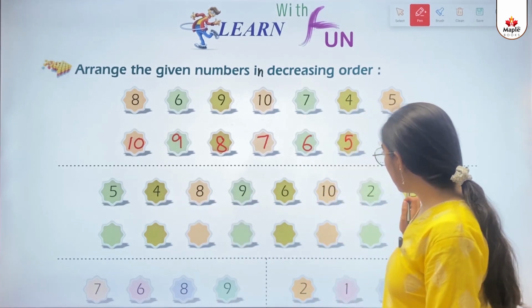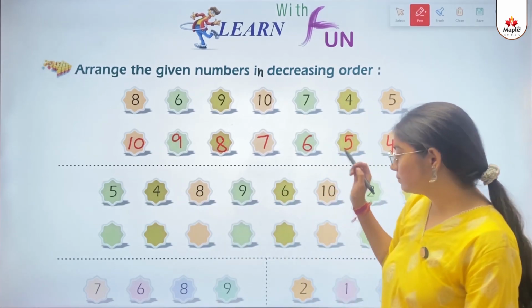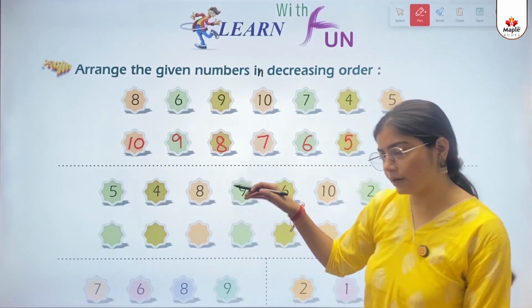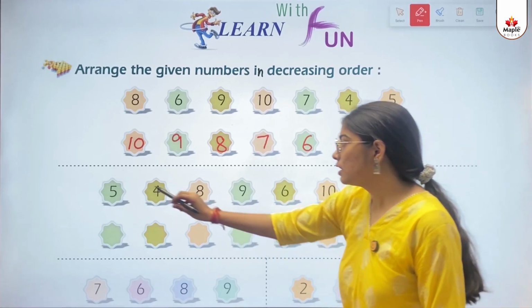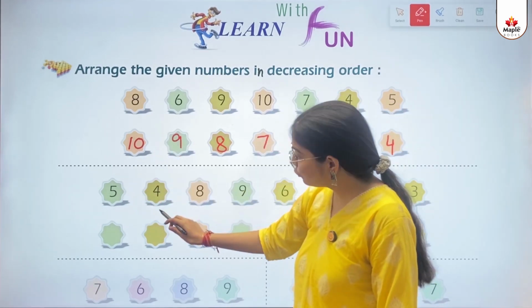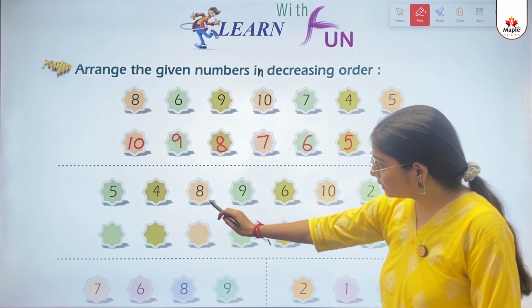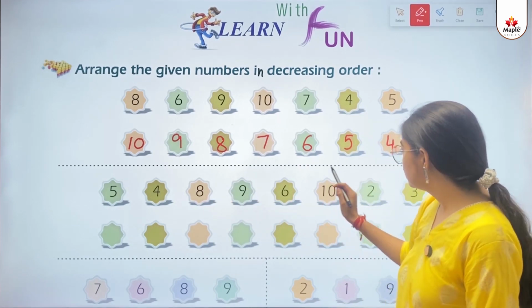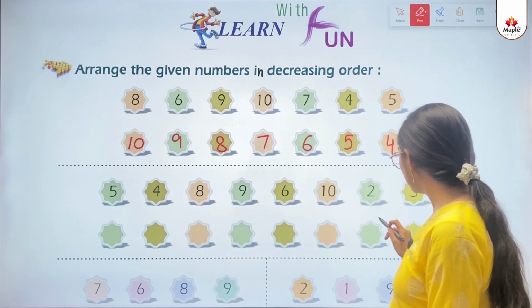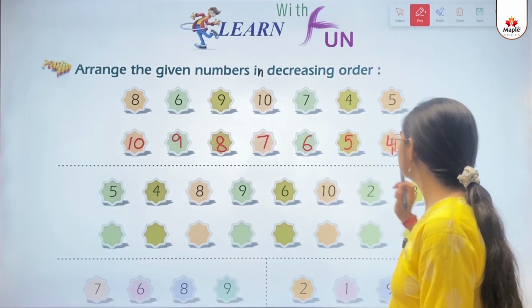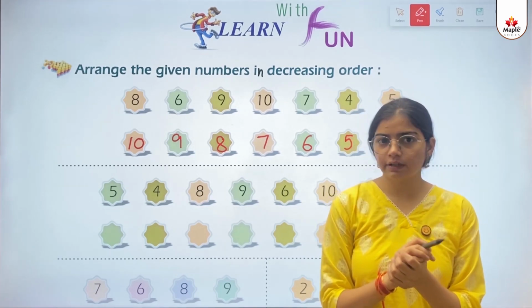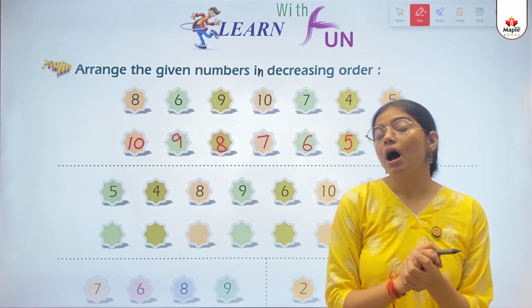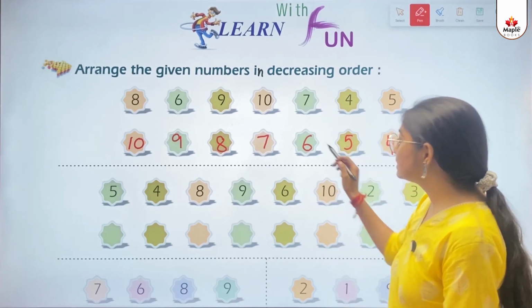Then in this part, you can see the numbers. We will count. What are these numbers written here? 5, 4, 8, 9, 6, 10, 2, 3. Now tell me, which one is the greatest one? Again, 10 is the greatest one.